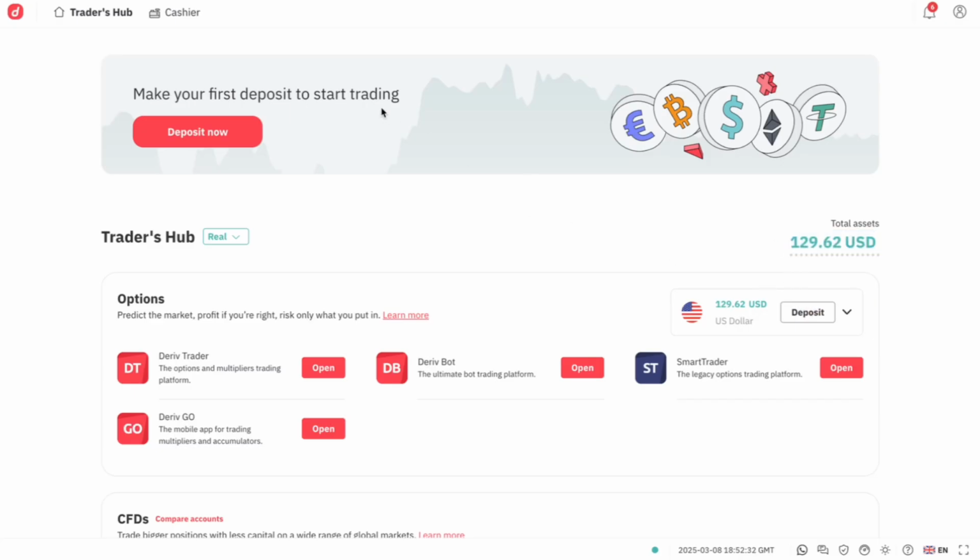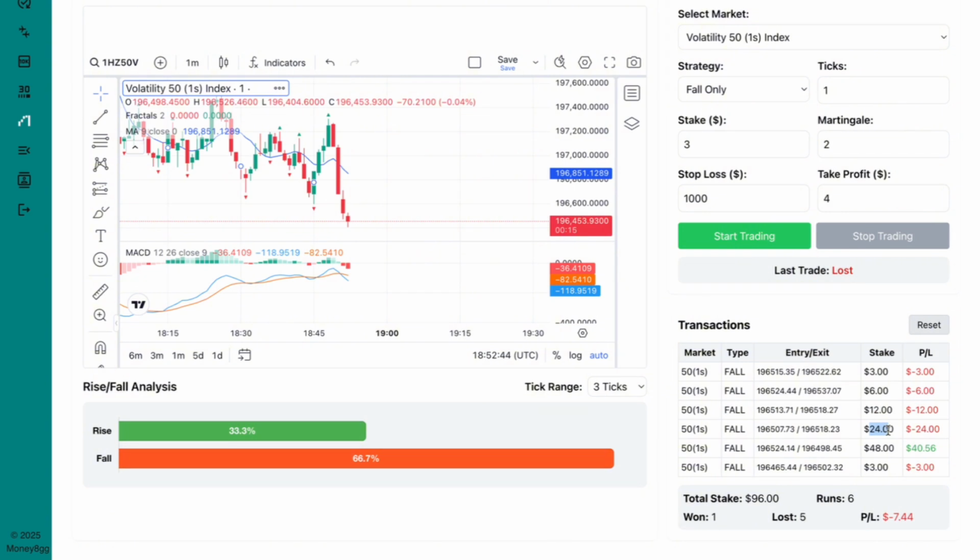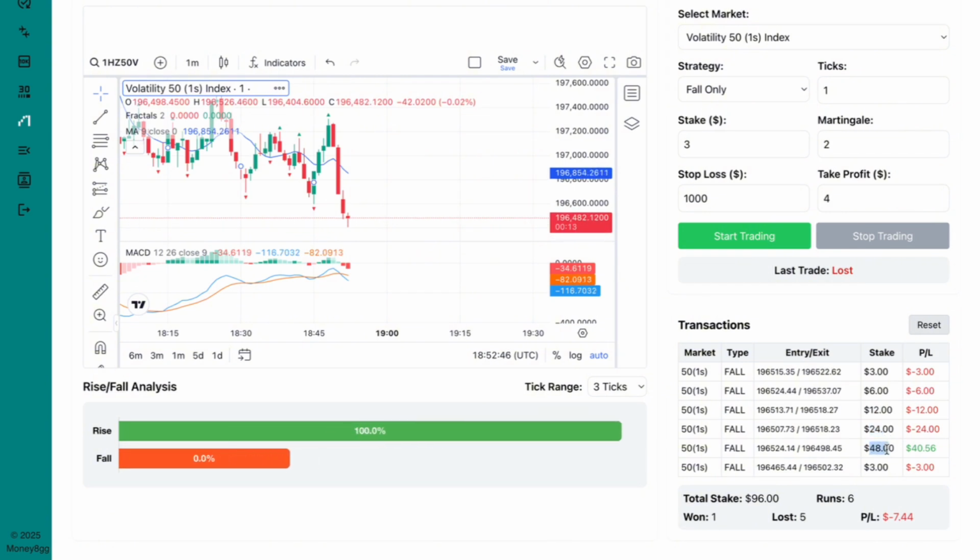So we're back to below 30. Now just imagine this: if I had a $100 account and I was using 20, this would be 20, this would be 40, 60, 120, 240. That account would be gone, because from here to here you've already lost that amount.